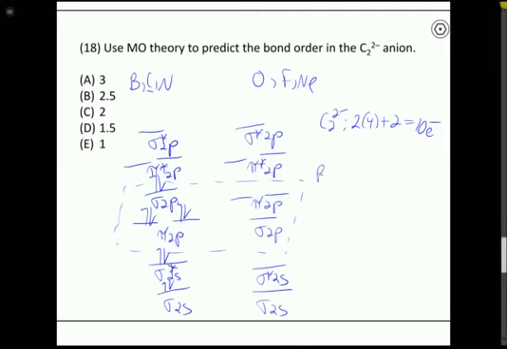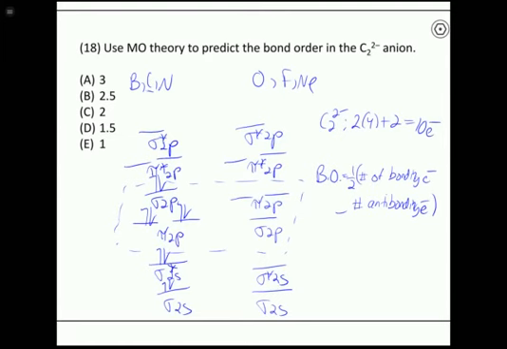So the bond order then is going to be 1/2 times the number of bonding electrons minus the number of anti-bonding electrons, all in parentheses. Bonding electrons are those that are in bonding orbitals which don't have a star next to them.